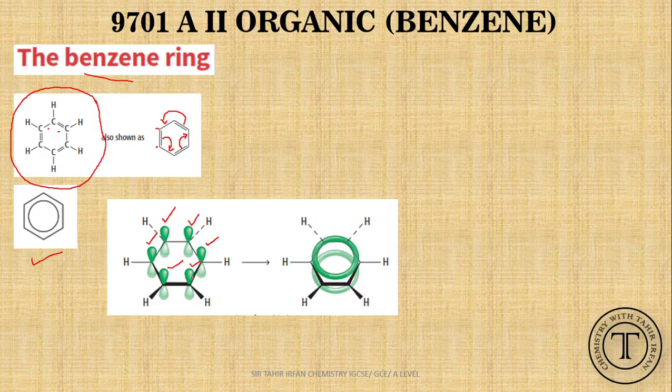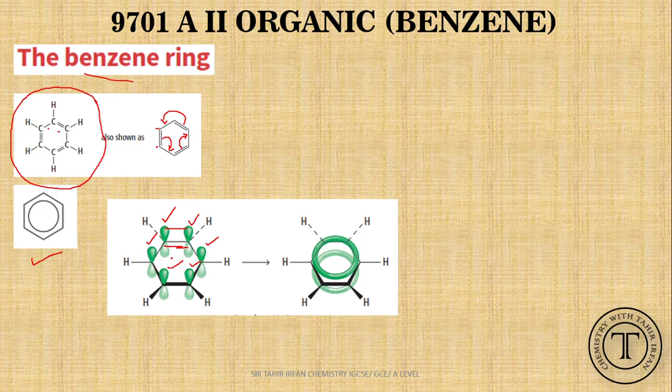As we know, a double covalent bond is formed when there is a sigma bond and the available p electrons overlap sidewise to make a pi bond. So these electrons are available for making a pi covalent bond. So there is an equal chance that a pi bond can be formed in this way or alternatively towards this side as well.